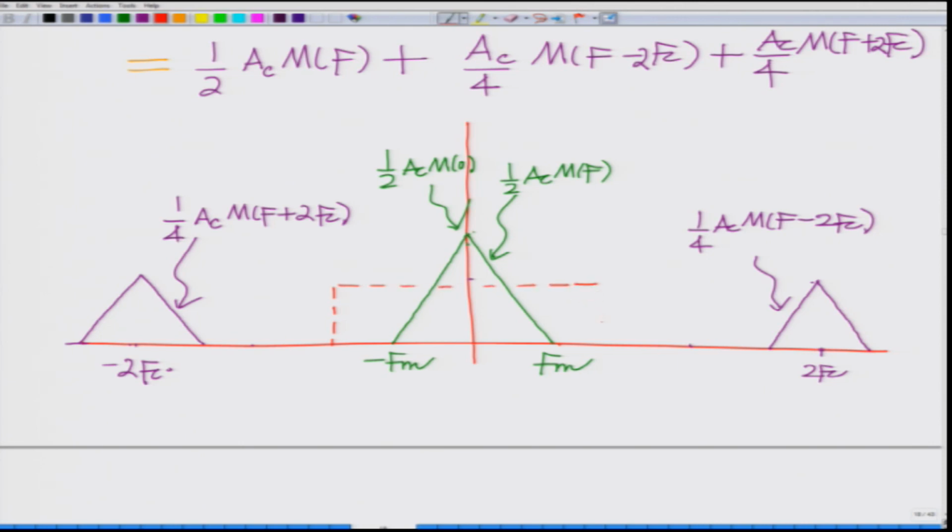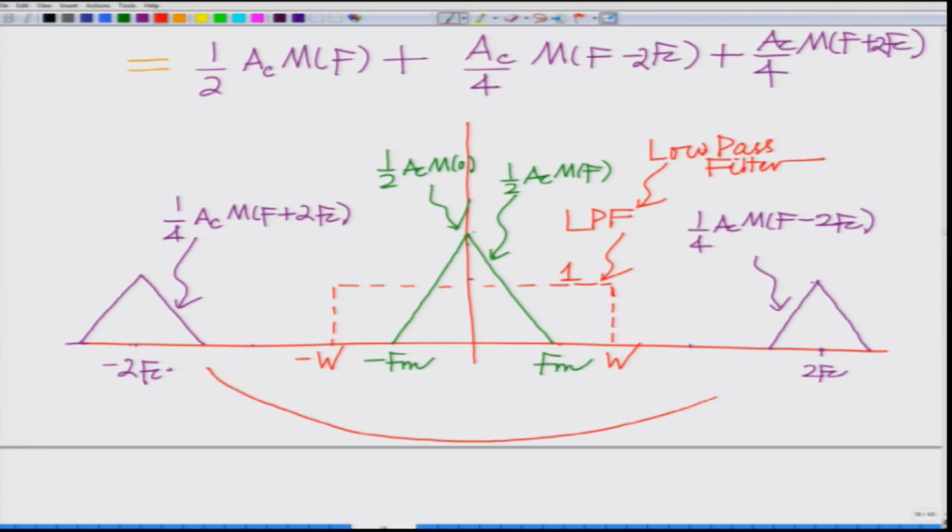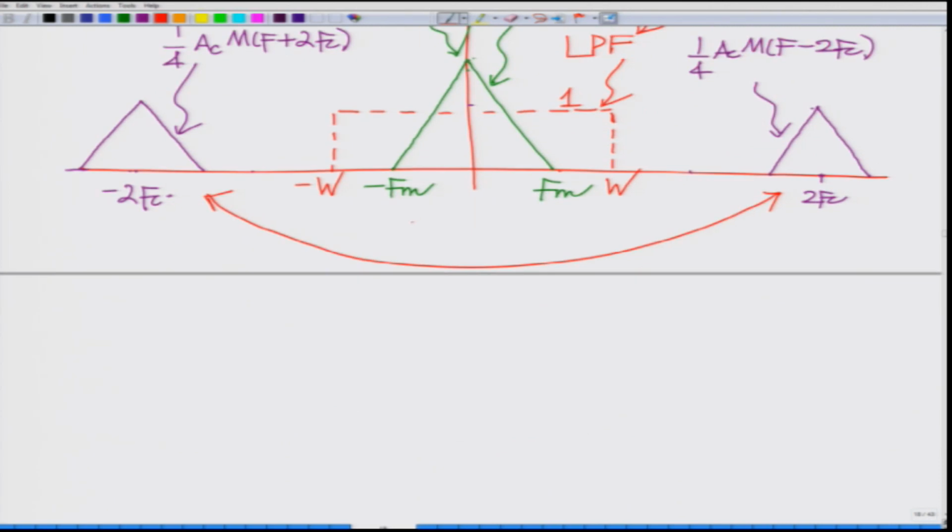I can now pass this signal through a low pass filter, that is minus W to W. This is your low pass filter and these are the side bands, correct. This is the base band and these are the side bands at minus 2 Fc and 2 Fc.